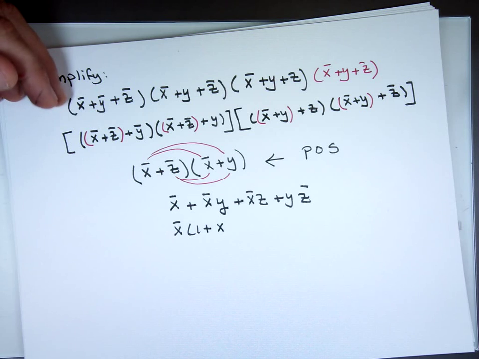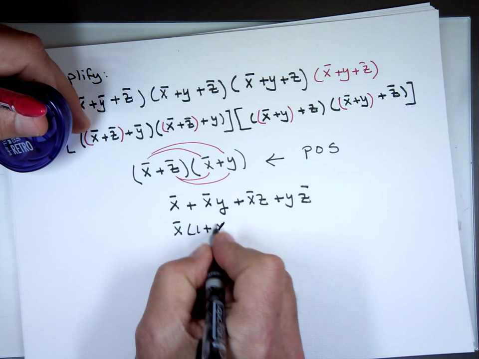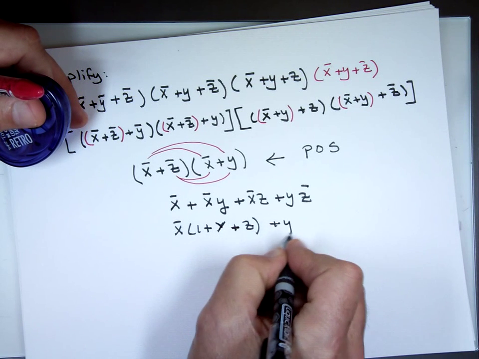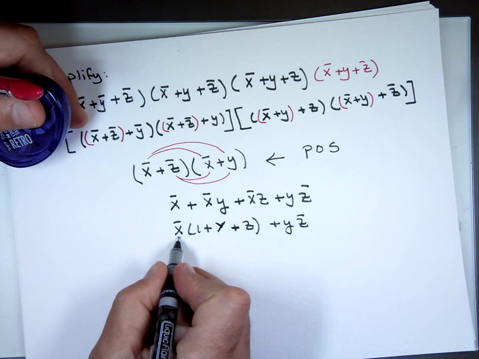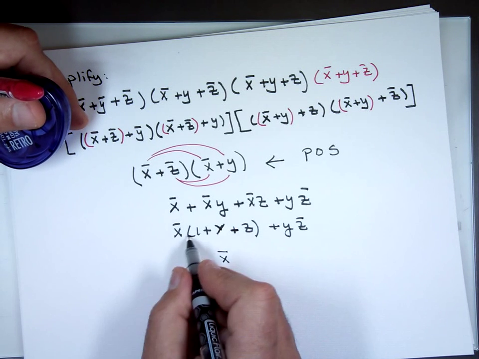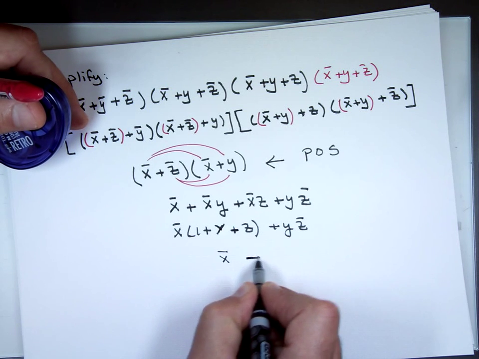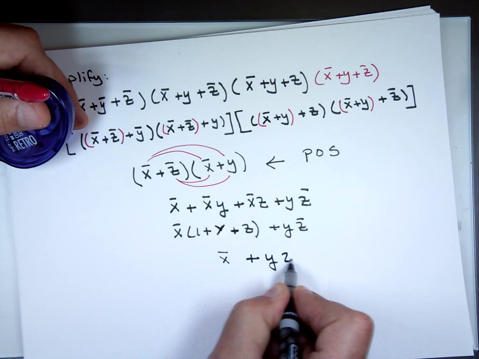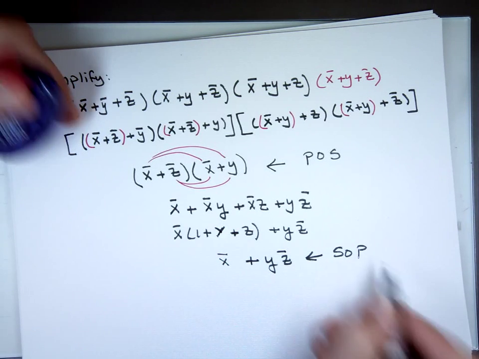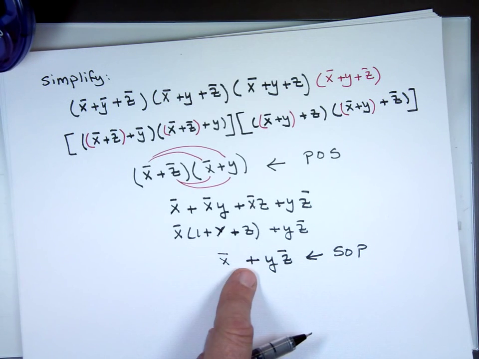Y. And that would be what? X bar ANDed with anything, with one or with anything, that's a 1. So it's X bar plus Y Z bar. And this is the sum of product. Two OR gates with one AND gate.